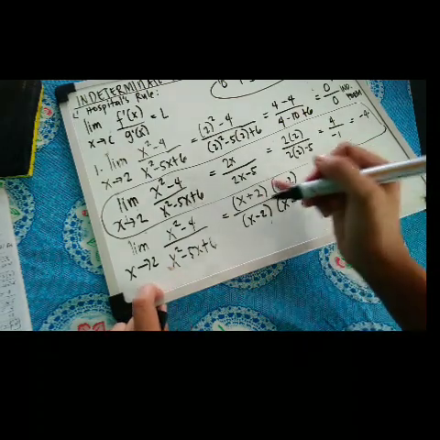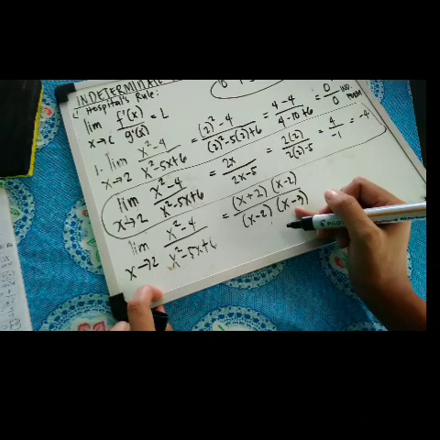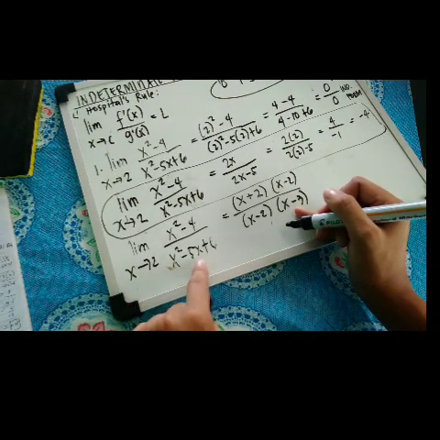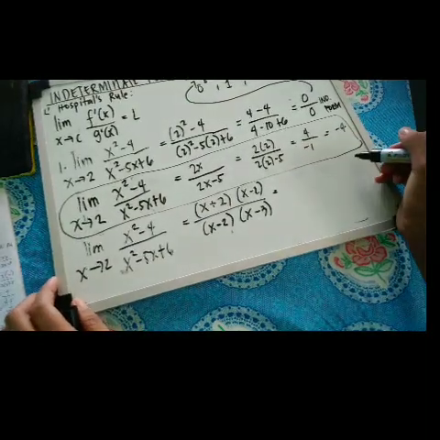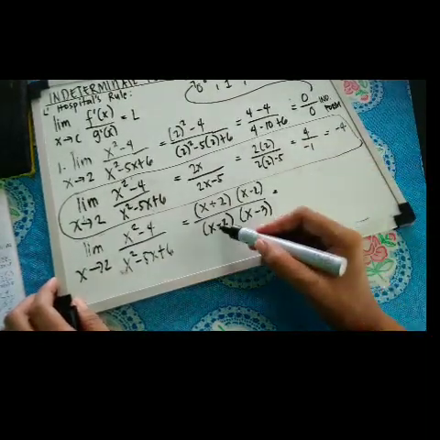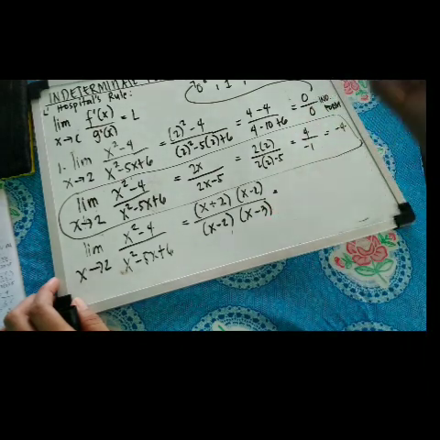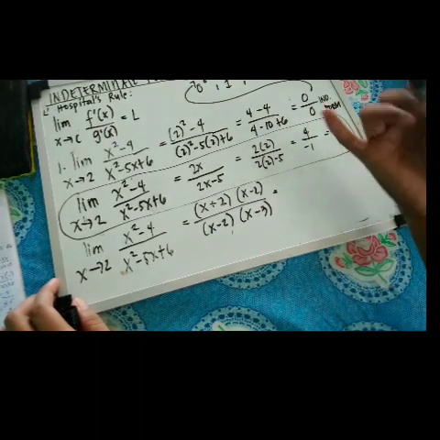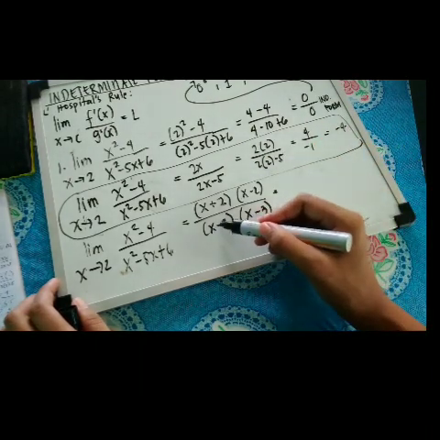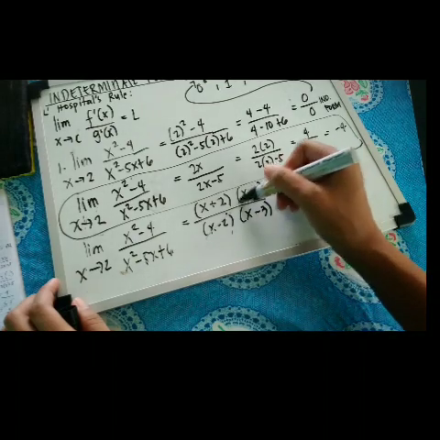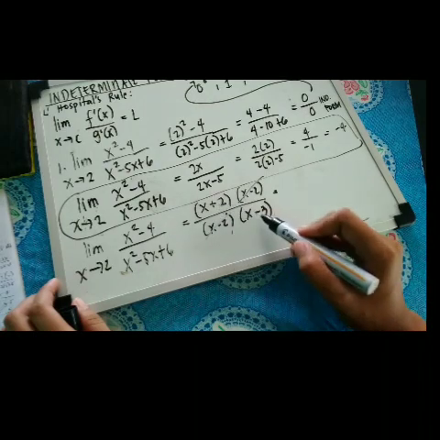You can multiply these two, and the result would be x squared minus 5x plus 6. Now, after you simplify, you can cancel out the common factor, so that it will not be hard to find the limits. So x minus 2 in the denominator can be cancelled out by x minus 2 in the numerator. You can't cancel out x plus 2 and x minus 3 because they are different.